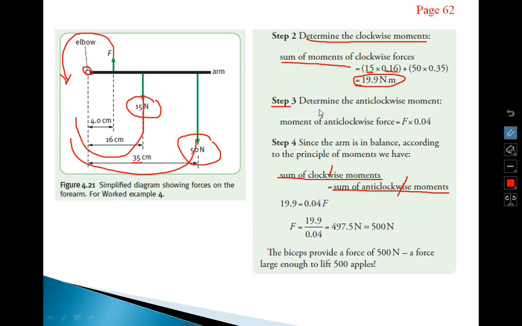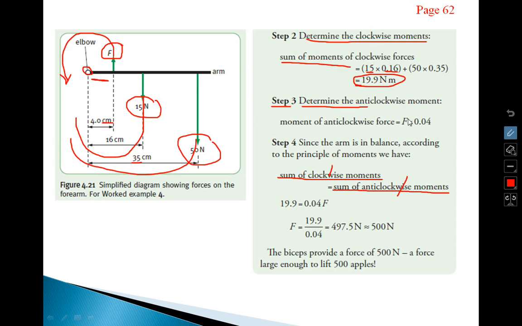Now step number 3, we determine the anti-clockwise moment. The moment of the anti-clockwise force is equal to the force we are looking for times the distance, so it is F times 0.04 meter. We change 4 centimeter to 0.04 meter.